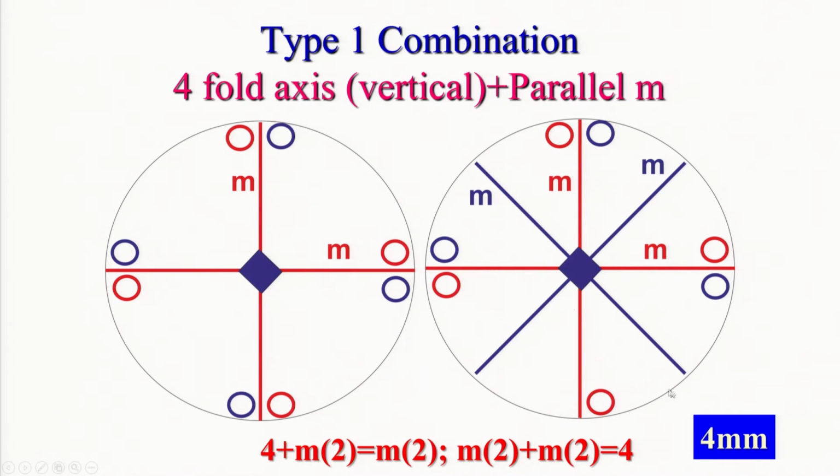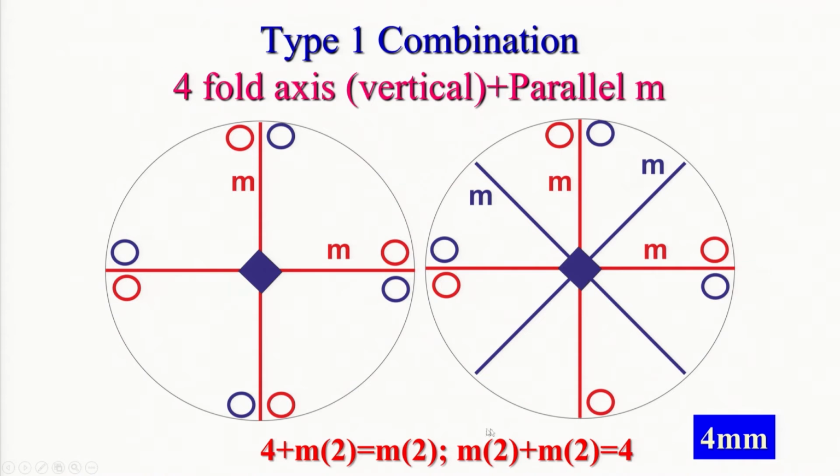So, 4 mirror planes have been subdivided into 2 sets. In each set there are 2, and in each set the angle between mirror planes is 90 degrees, but the angle between mirror planes in the 2 sets is 45 degrees.